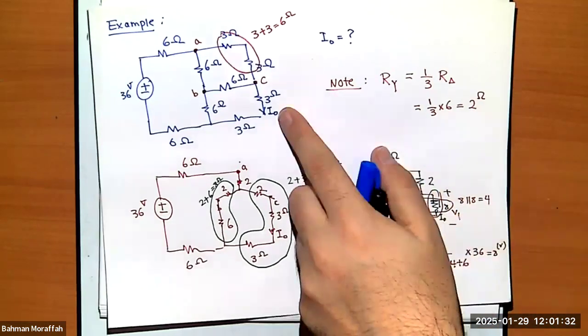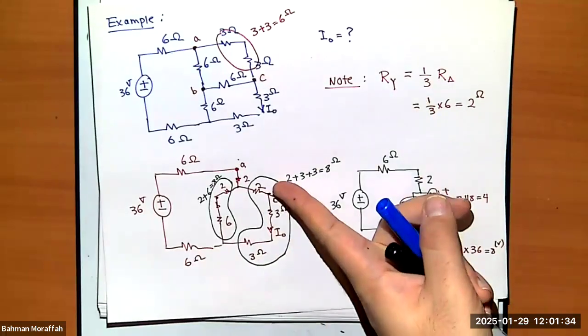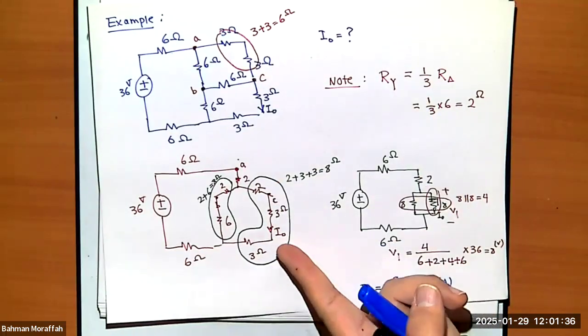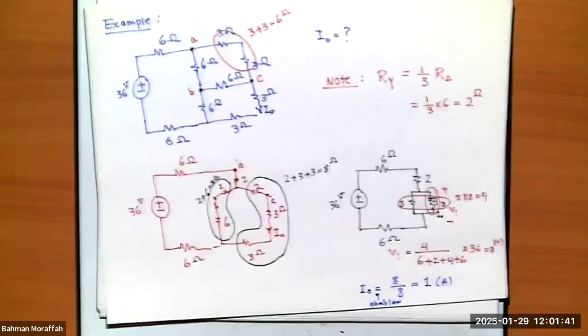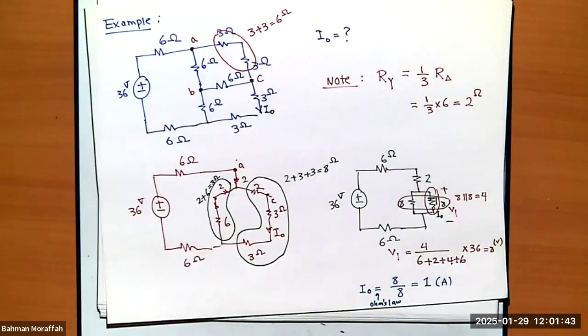Therefore, this I naught should remain unchanged if I go from delta to Y. And it remains unchanged. Therefore, if I go from here to here, I naught is still 1, right? Any question about this?